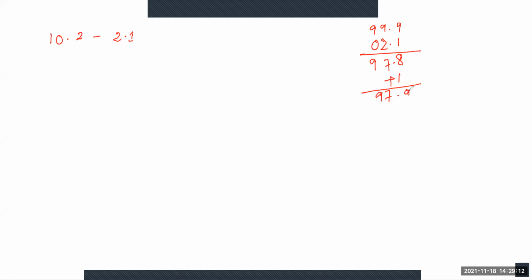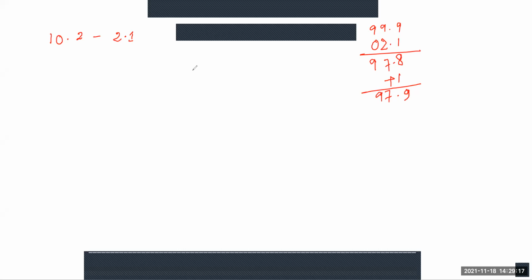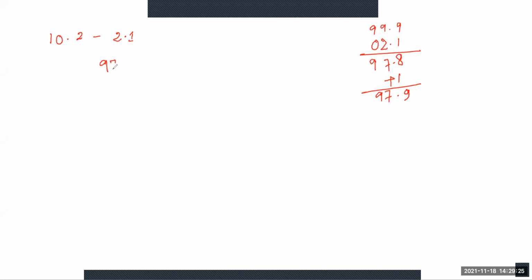Now we will represent this 97.9 in BCD form. So 97.9 is equal to 9 means 1001, 7 means 0111, point 1001.